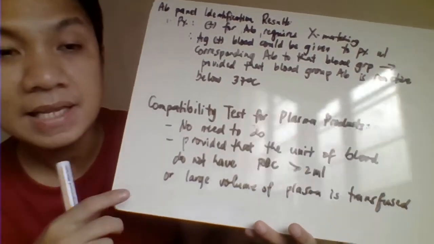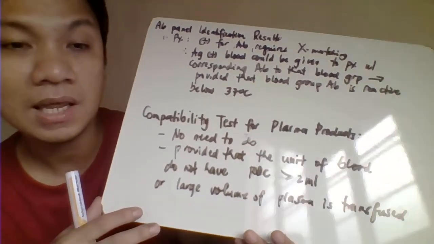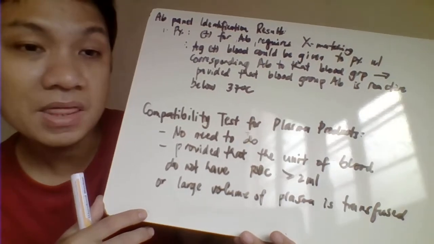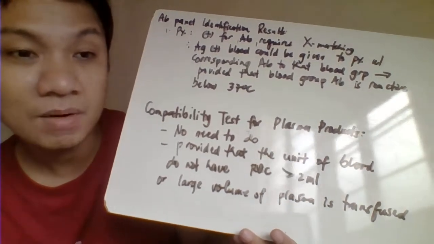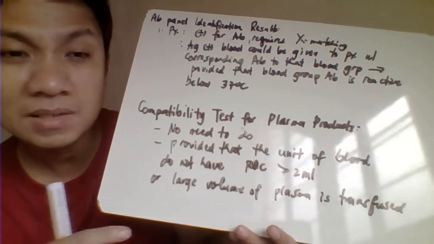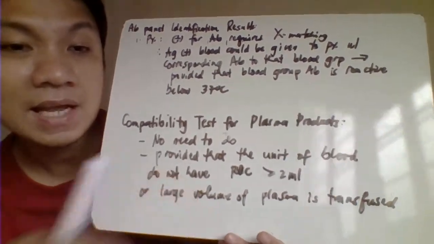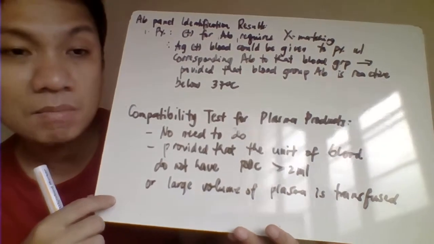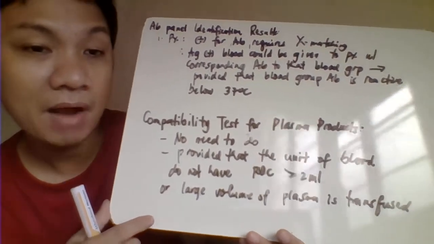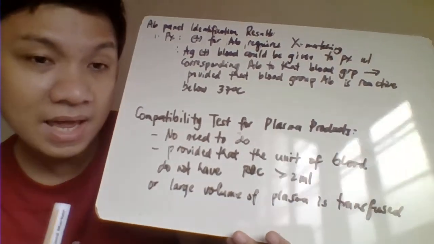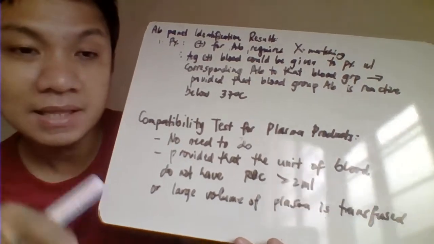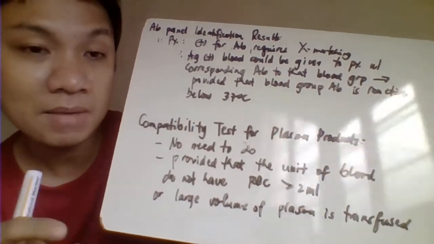Usually, kahit hindi ka mag-perform ng compatibility testing, walang mangyari. Remember that your donor's blood, which is the plasma component, wala naman siyang red cell antigen, wala siyang RBC. And therefore, kahit isali mo sa patient, recipient na walang compatibility testing, walang mangyayaring reaction. Provided na ang donor's blood natin na plasma, walang nakakontaminate na RBC.